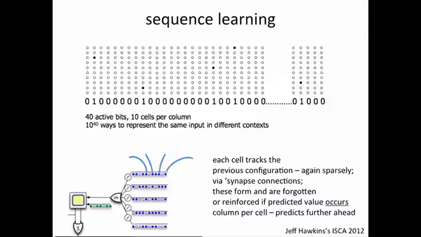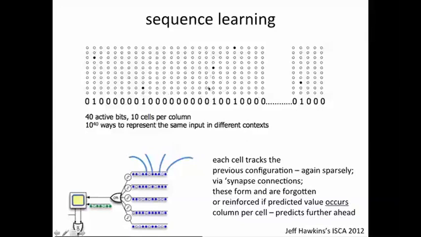Now 10 to the 40 is a large number, so each context corresponds to a set of neighboring cells firing. Which set depends on which synapses and dendrite segments are capturing that context, but depending on which context this cell is firing in, the particular column gets activated, not just the lowest one, but that particular one.